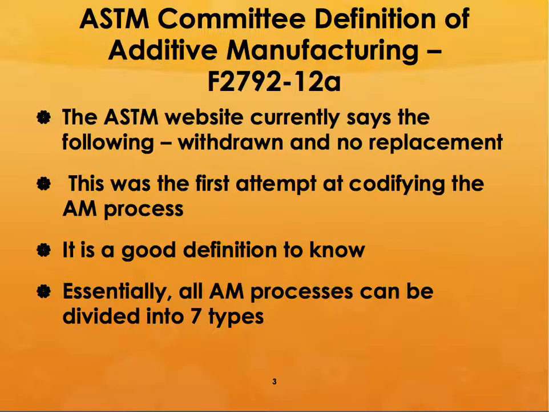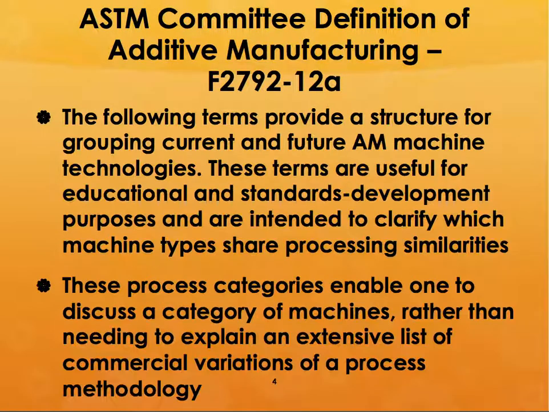And what it says is that essentially all the additive manufacturing processes can be divided into 7 different types. So in this case, there are several terms that are used to provide a structure for grouping different current and future additive manufacturing technologies.